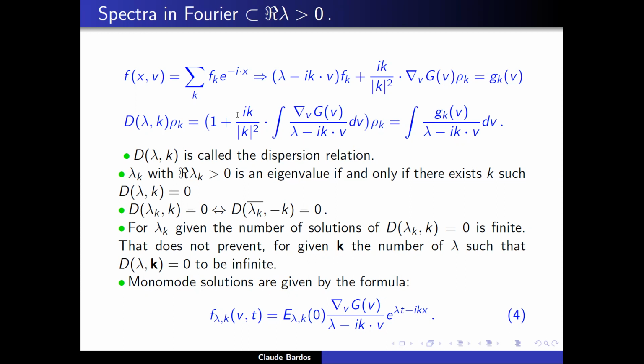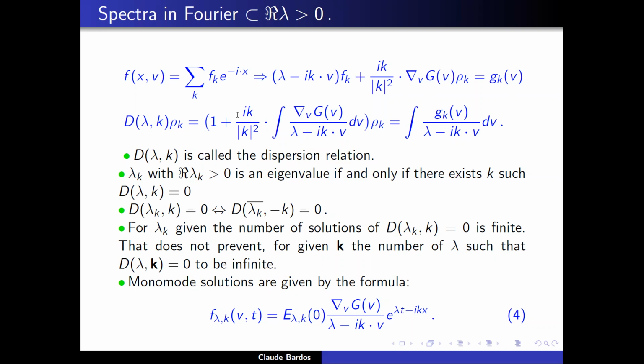And if this quantity is 0, you will have an eigenvalue. So this expression, called d lambda k, is called the dispersion relation. It's very standard in wave problems. There will be an eigenvalue if and only if you have d lambda k equals 0.